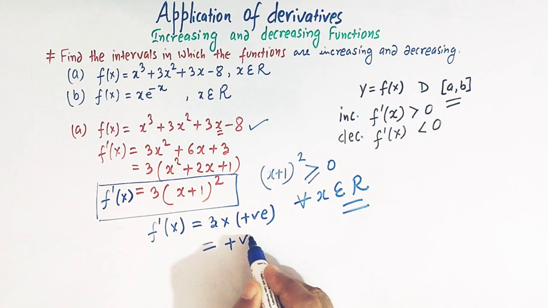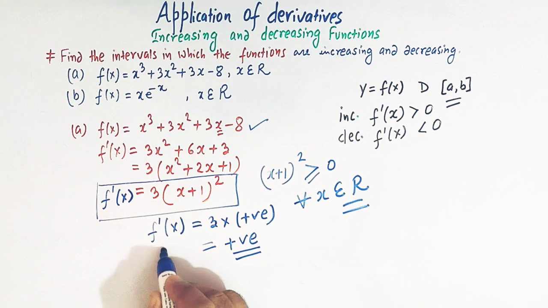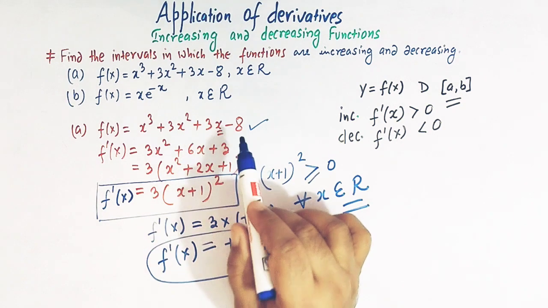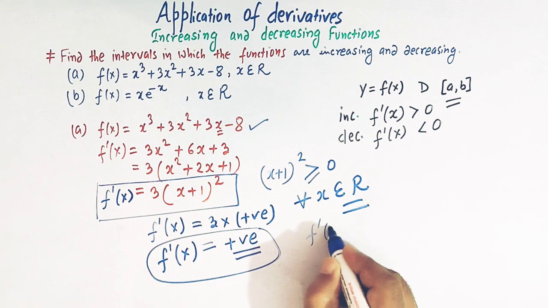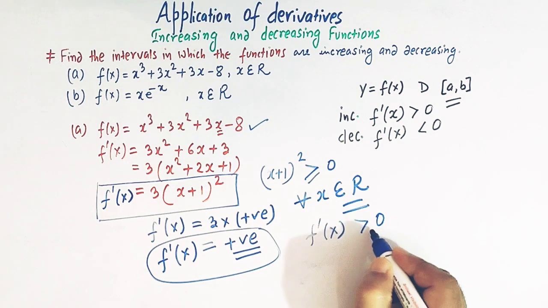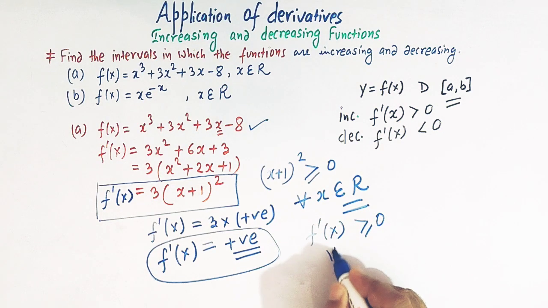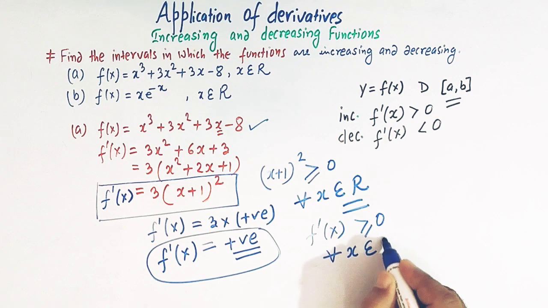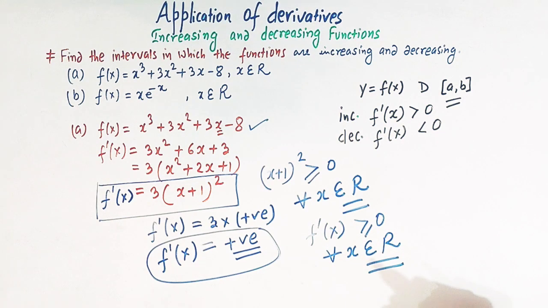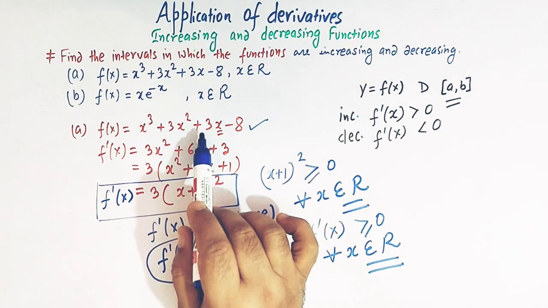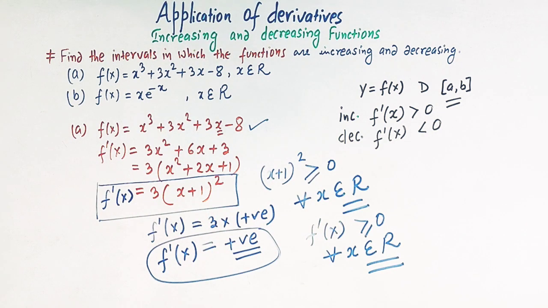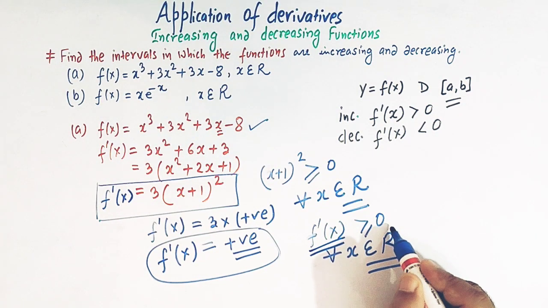So we conclude that the derivative of this function is always greater than or equal to 0 for all x belonging to the set of real numbers. So this function is always increasing for all values of x belonging to the set of real numbers. So the derivative is always greater than or equal to 0.